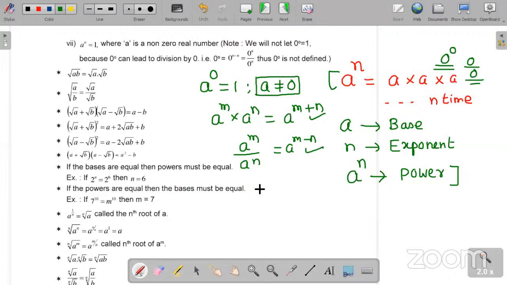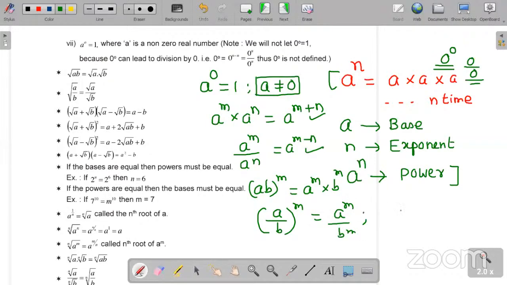Next, ab to the power of m means a to the power of m into b to the power of m. Next, a by b all to the power of m is equal to a to the power of m upon b to the power of m. And one more, a to the power of m all to the power of n is a to the power of mn. All these are called laws of indices or theory of indices.